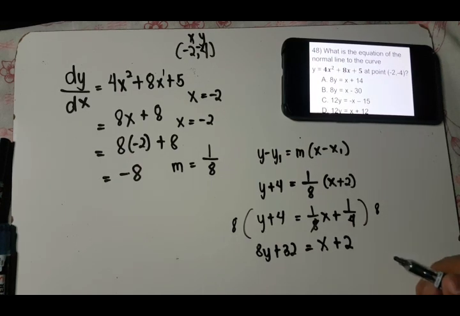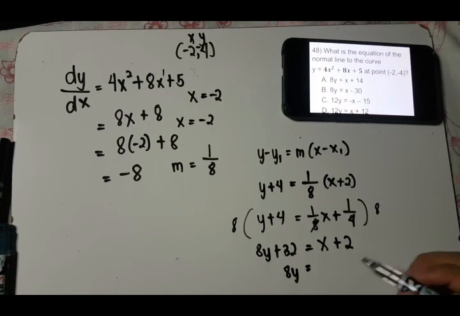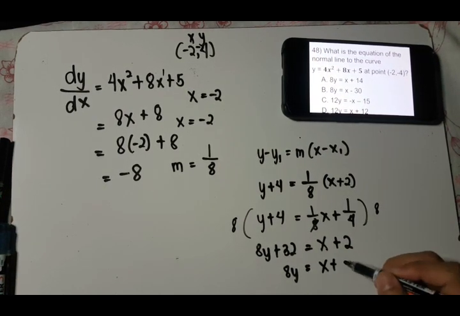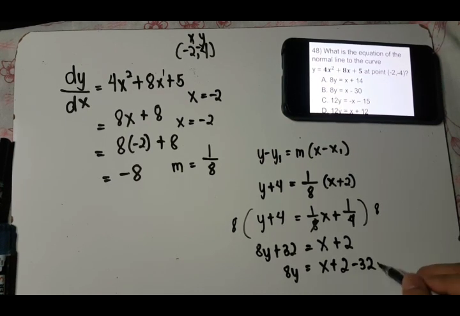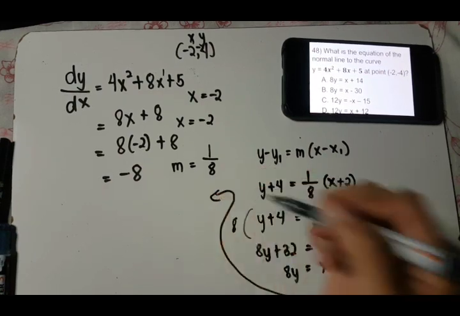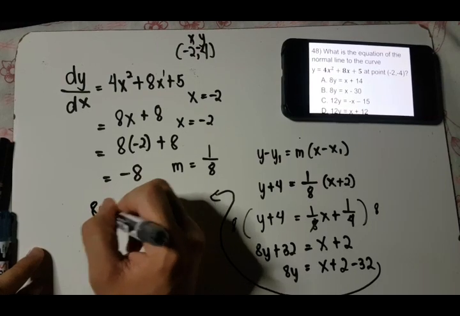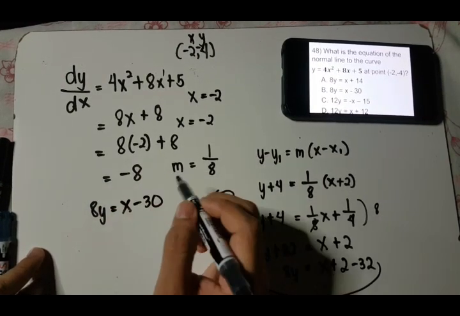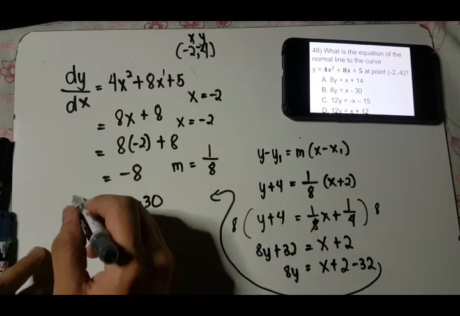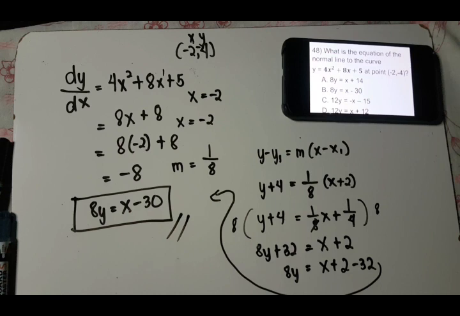Next, 8y, isolate natin siya sa isang side. 8y equals x plus 2 minus 32. The next step, sige, lipat natin dito sa taas. So, 8y is equal to x minus 30. Now this is the equation of the normal line. Letter B.